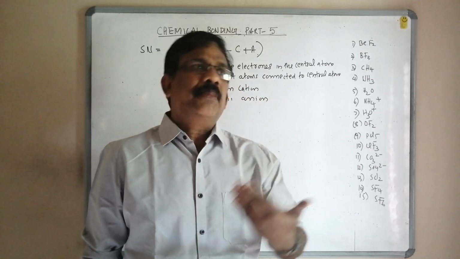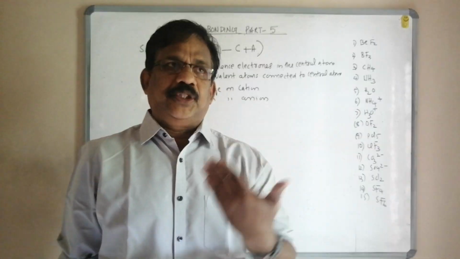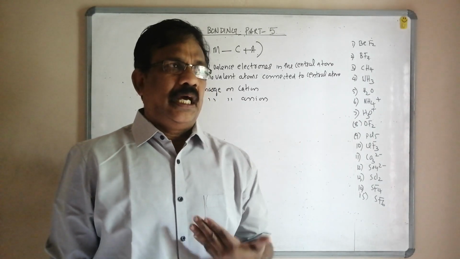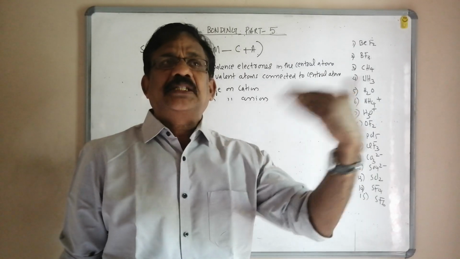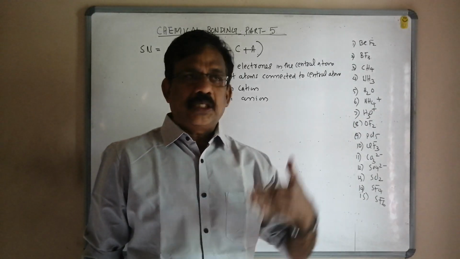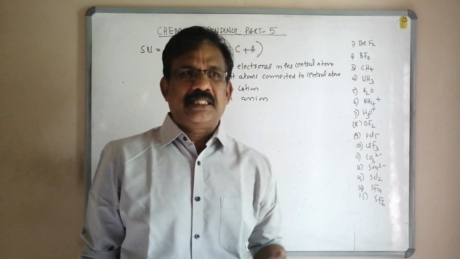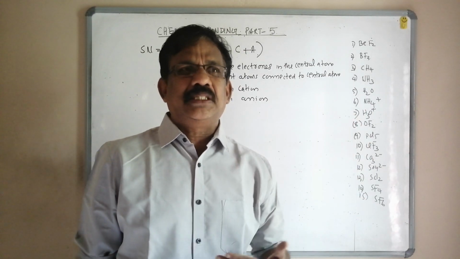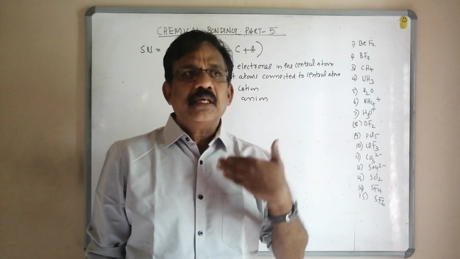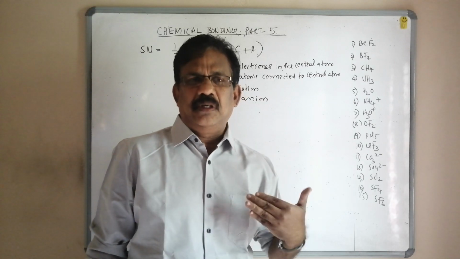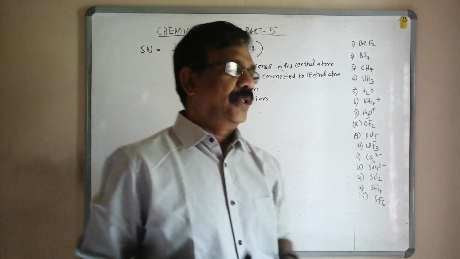Or steric number is the number of atoms or groups attached to the central atom plus lone pairs of electrons. The total number of atoms or groups plus lone pairs of electrons around the central atom is called the steric number, or it is the total number of hybrid orbitals around the central atom.